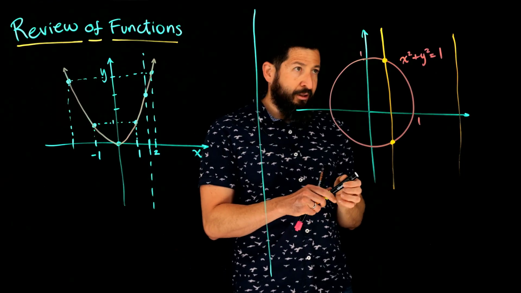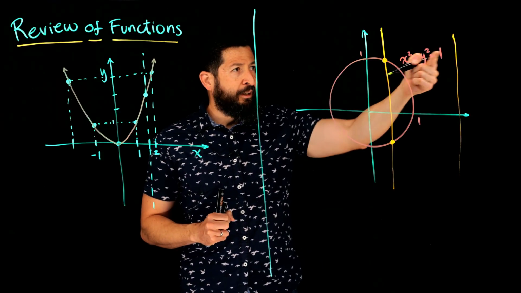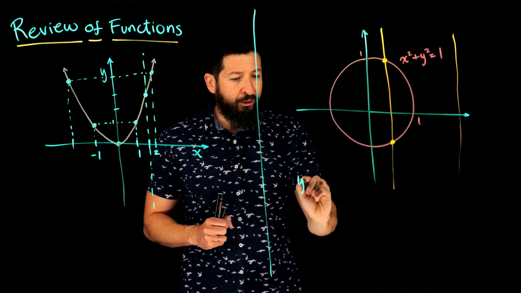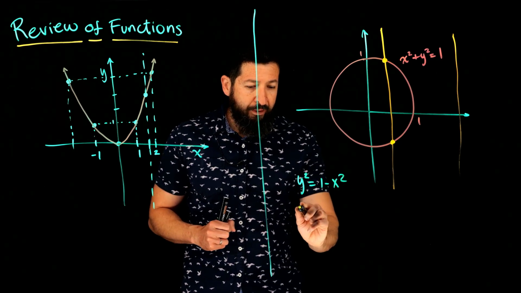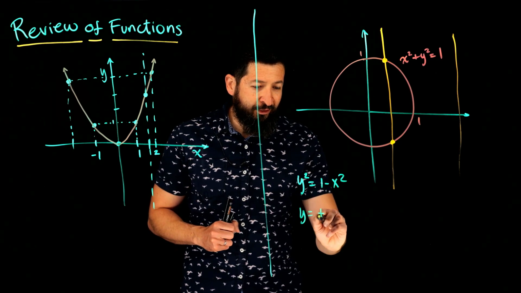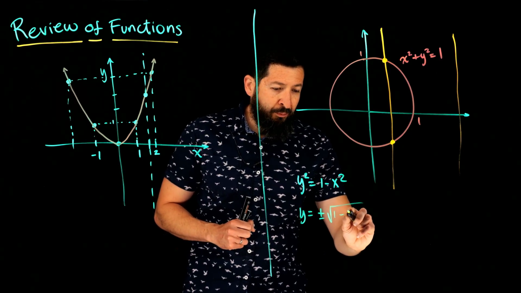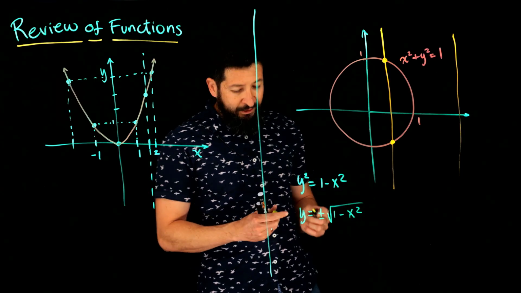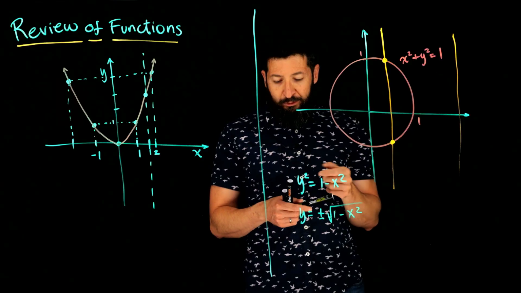And that is, if you solve this here, you would see why, because if you subtract x squared on both sides, you get y squared is equal to 1 minus x squared, and then you have to take a square root, but you get two possibilities, positive and negative, the square root of 1 minus x squared. So what that tells you is that to draw this graph, you need two functions.